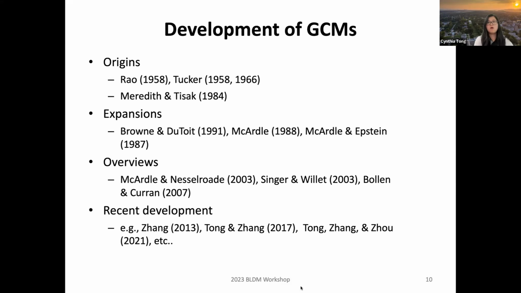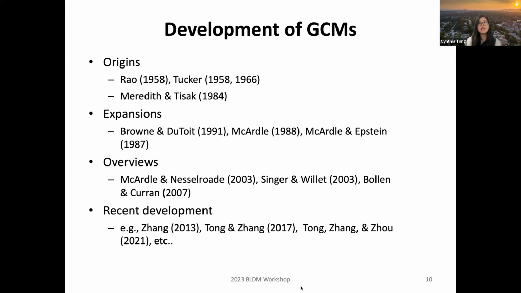If you want to know about the development of growth curve models, here are some of the references you can check. So basically, it can date back at least to 1958.